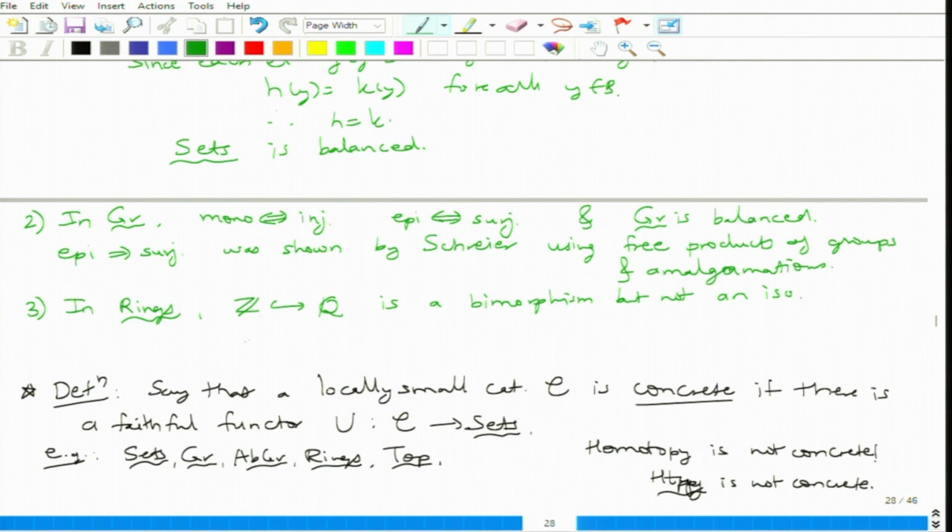If you are given, let's consider this: Z included inside Q, and now you have got two morphisms, let me call them F and G, to some ring R, such that F of n is equal to G of n for all n in Z. Then can you conclude that F of p by q is equal to G of p by q?